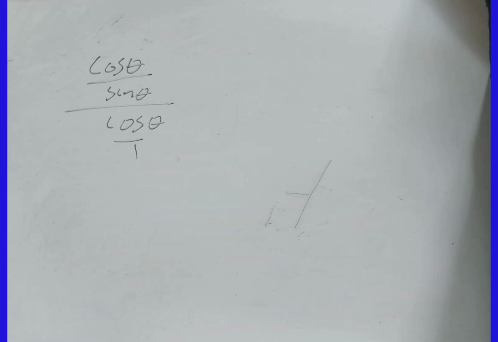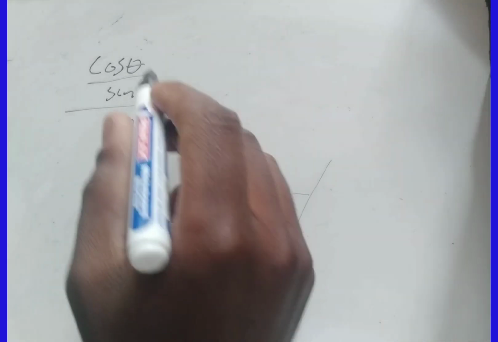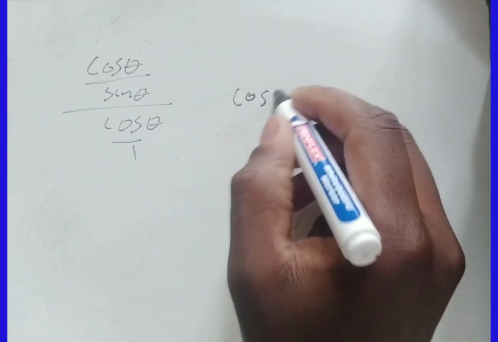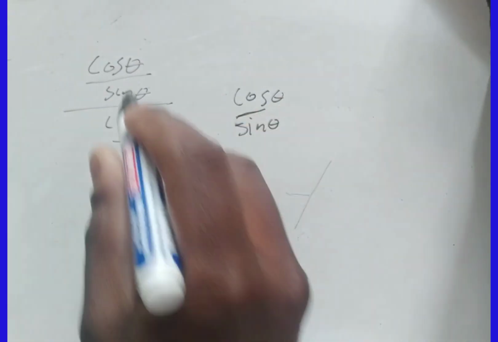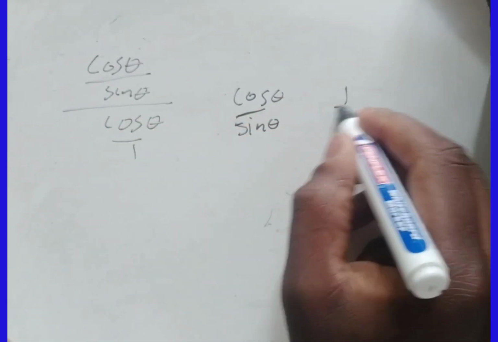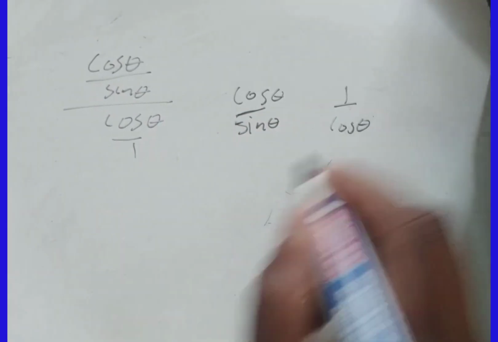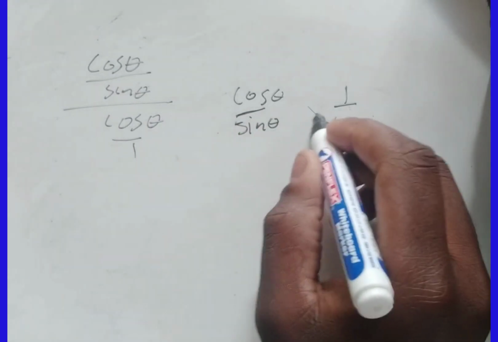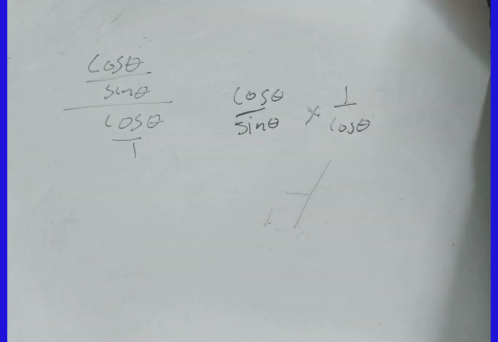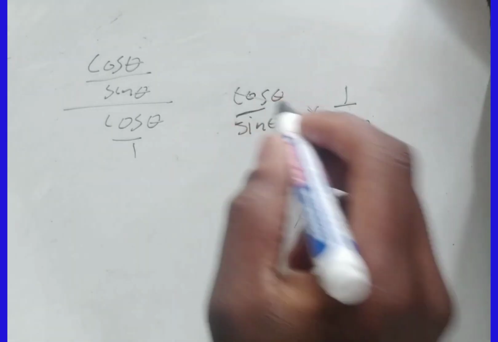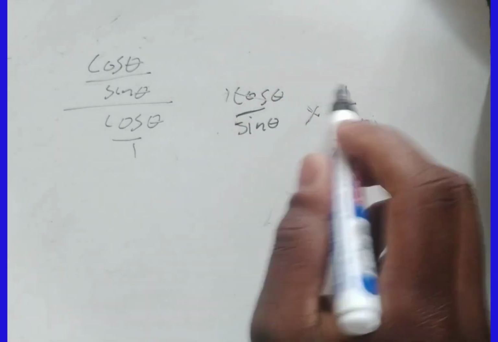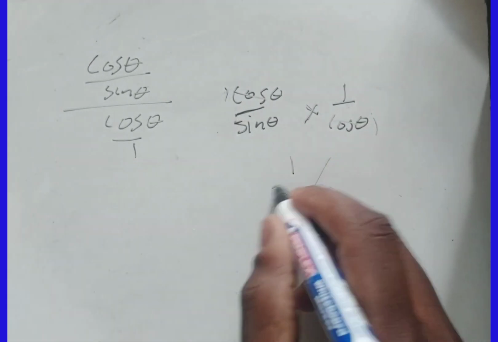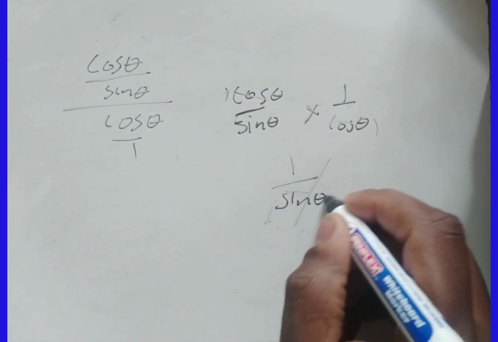What you do here is you repeat the first one as it is again, so we'll say sine. We always repeat the first one and we switch the second fraction. So this will become 1 over cos instead of cos over 1. And then we change the division sign into multiplication. And check it out, this cancels out because they're the same, and it leaves 1, 1. So now 1 times 1 is 1, sine times 1 is sine. So the answer we're left with is 1 over sine.